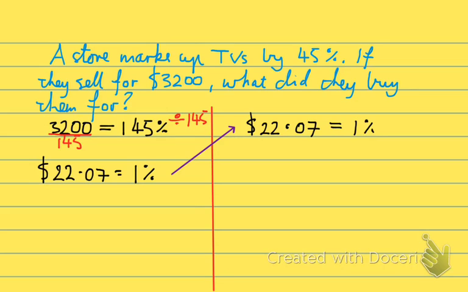And I haven't rounded, it's still sitting on my calculator, so I'm going to use the unrounded figure here to get a more accurate representation. So it goes something like 22.06896552. So I'm going to multiply both sides by 100, and that's going to give me the cost of the TV to the retailer.